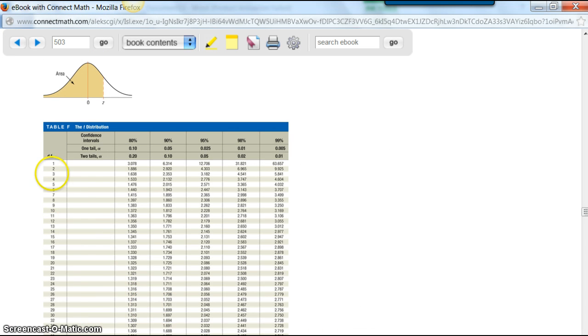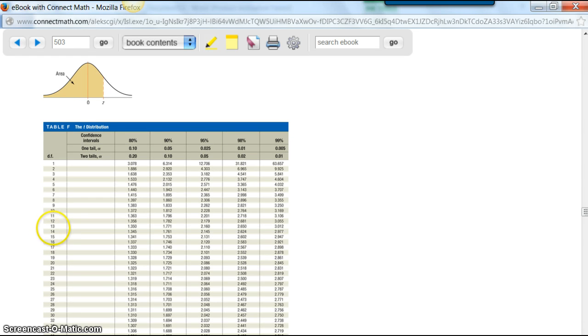On the t-table, the left-hand column is degrees of freedom. You actually have 2 sample sizes when you do a comparison of the means. Usually you use the smaller of the degrees of freedom. Our sample sizes both happen to be 15, so we'll be using line 14. But if they were different, like say one of them was 20 sample size and the other was 15, you'd use the smaller of the degrees of freedom.